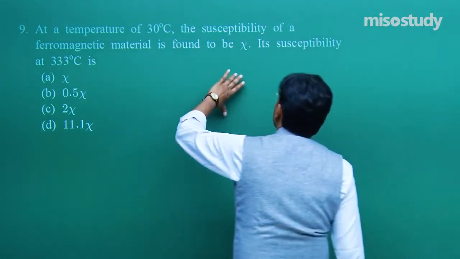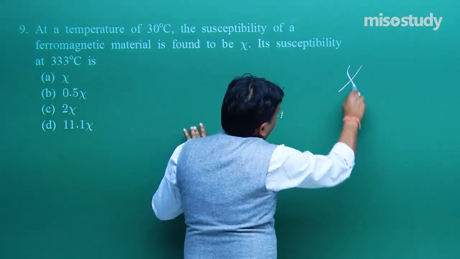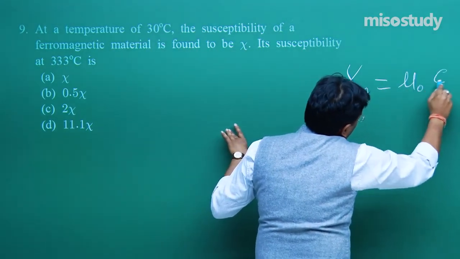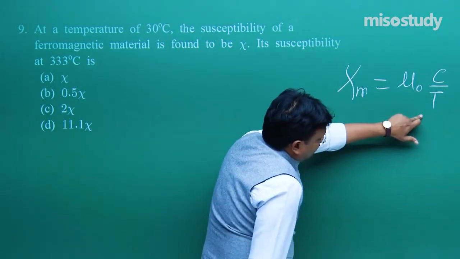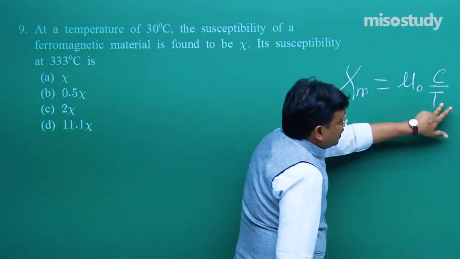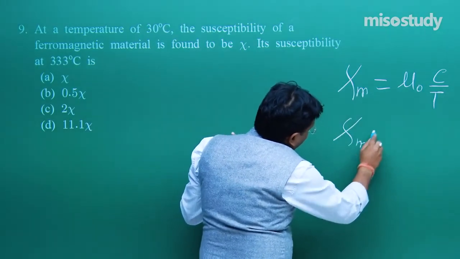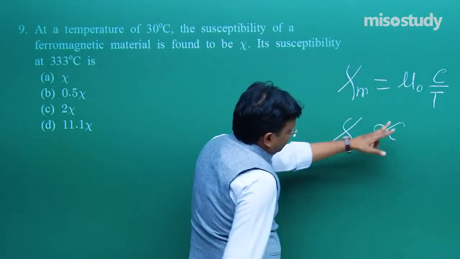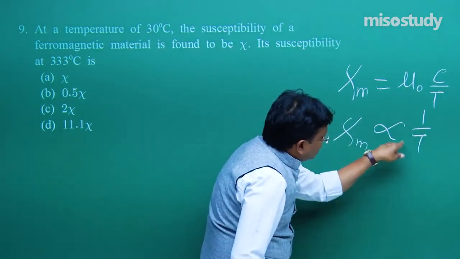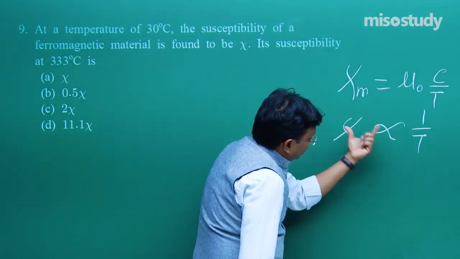Then comes the solution of this particular problem, that is chi m is equal to mu naught C by T, where C is Curie constant and T is temperature. So chi m is directly proportional to 1 by T. It means as the temperature keeps on increasing, this value will keep on decreasing.